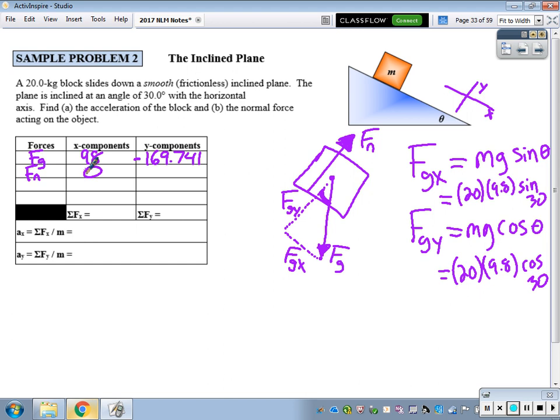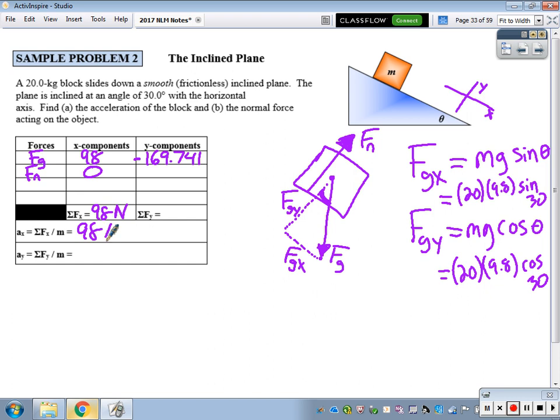Now I'm going to finish off part A of this, the acceleration of the block, and then I'm going to show you how we work backwards to find what that normal force is going to be. Okay, so sigma Fx. Nick, I'm going to give you the complicated part here. What is it going to be? I think it's 98. I'm pretty sure it is too. 98 newtons. Okay, so now we can go ahead and find ax. That's going to be pretty easy for us.